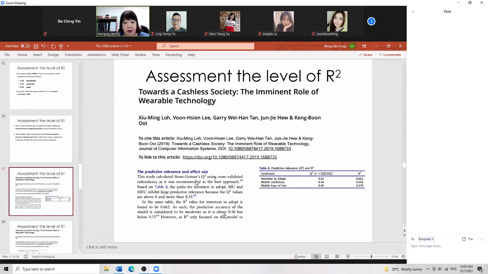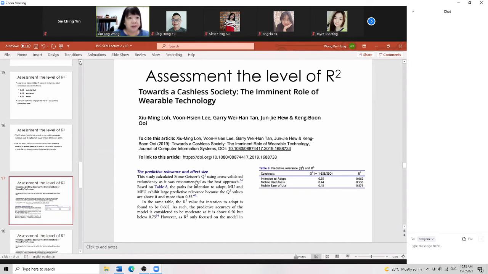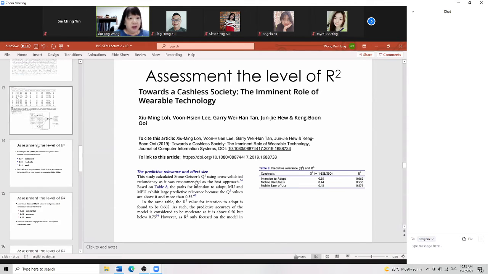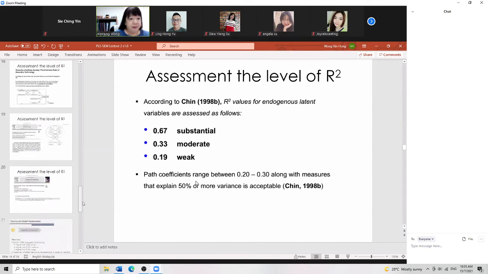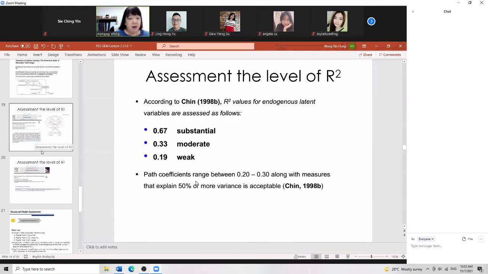That's how they interpret, 0.667. Okay, so it's above 0.5, but below 0.75. So we have to check which citation this one is. So if it is according to Chin, substantial is 0.67.